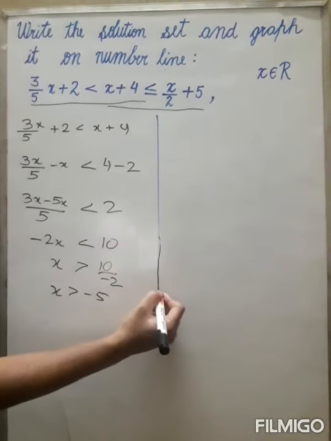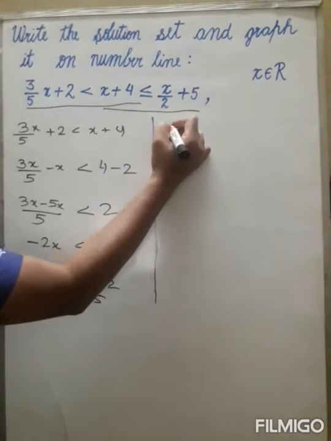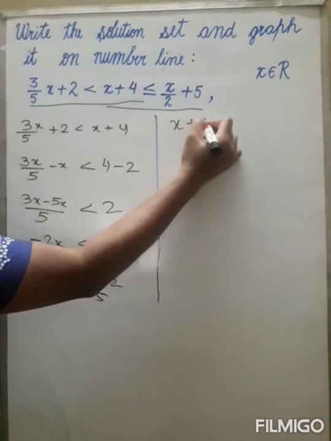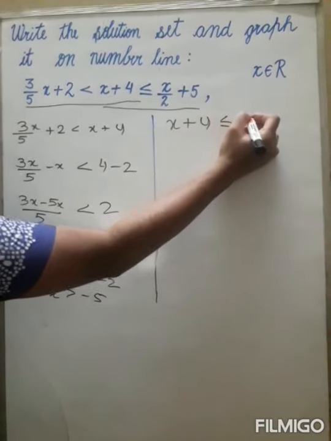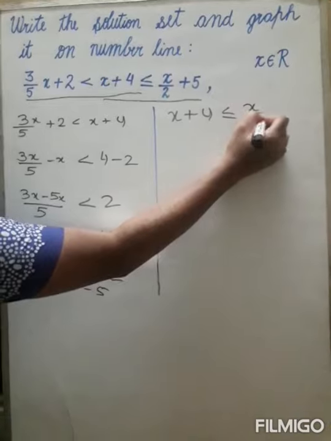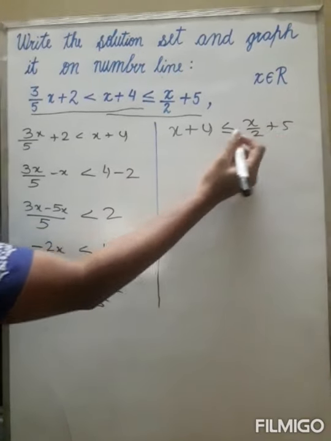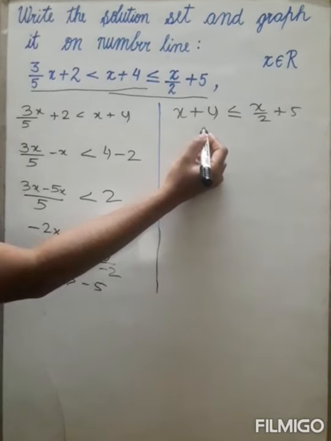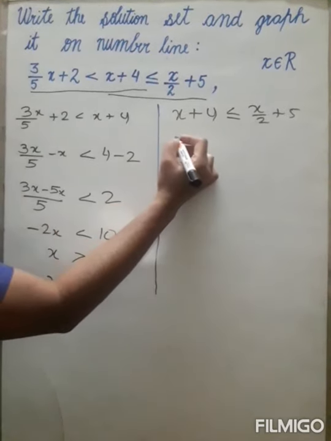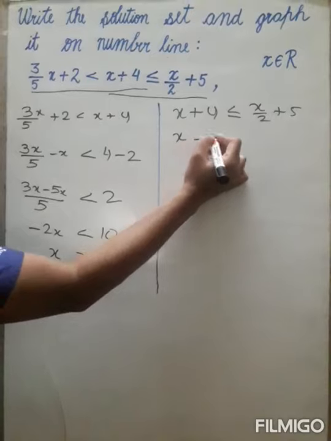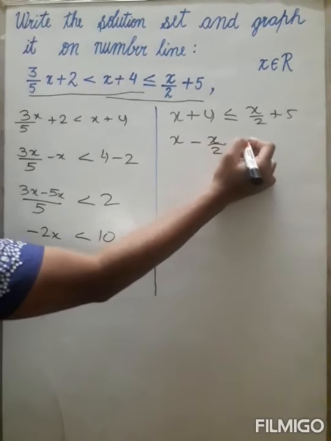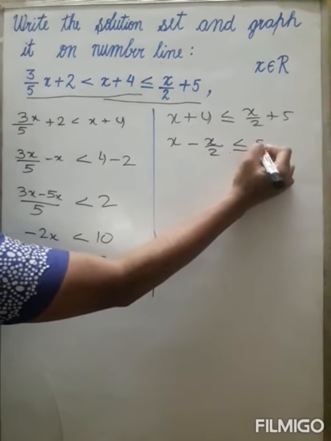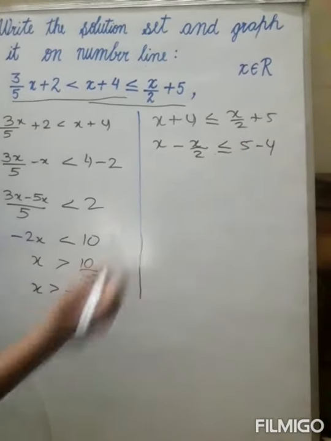Now we come to our second part. Here we have x plus 4 is less than or equal to x by 2 plus 5. In the same way we are going to bring x by 2 on the left hand side and this 4 on the other side. So x minus x by 2 will be less than or equal to 5, and this 4 will be subtracted.